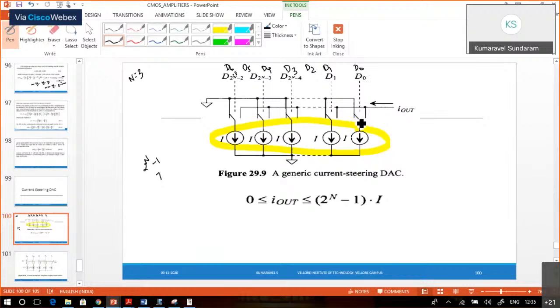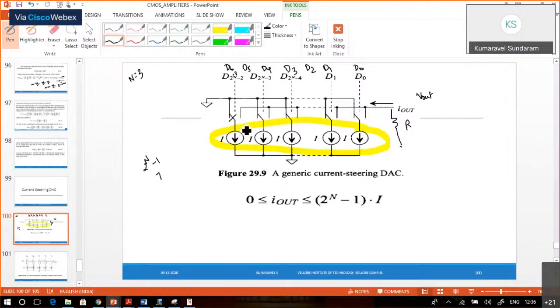Accordingly, these switches are controlled by the digital bits. Accordingly, the current flows through the resistor. If you are connecting the resistor over here, the current flowing through the resistor is going to develop some Vout. That is going to be the analog output voltage.